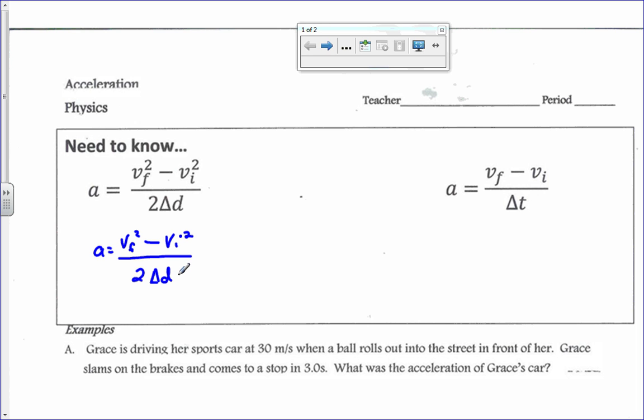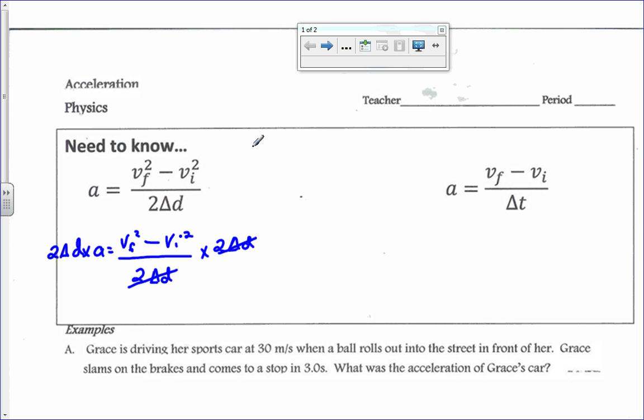How do I do that? I've got to multiply each side by 2 times the change in distance. I got to get it out of the denominator. Cancel out 2 times the change in distance.